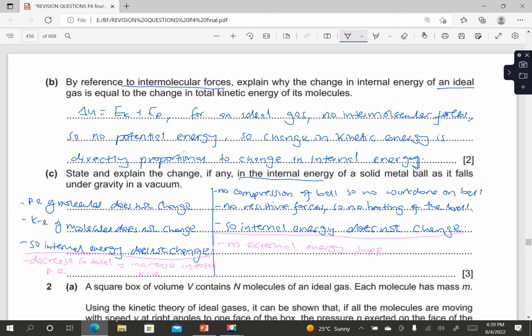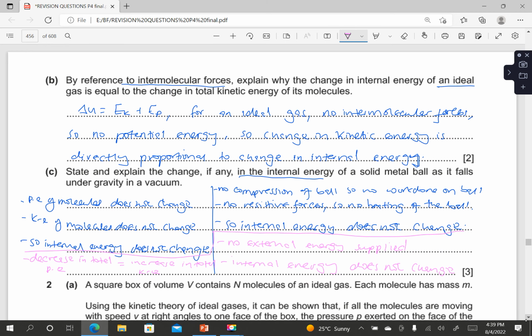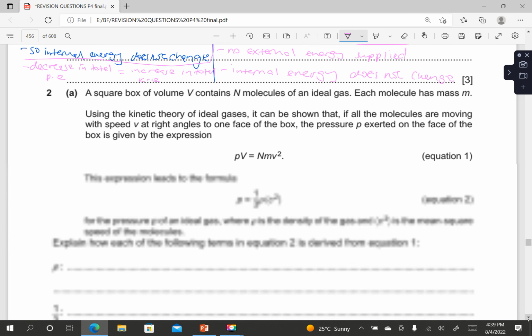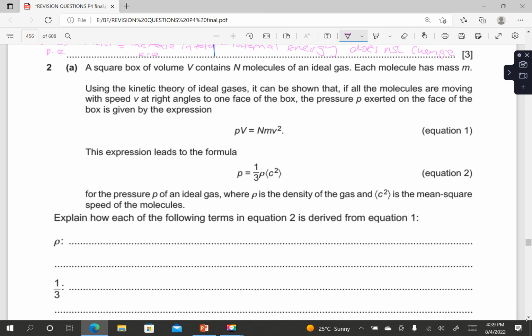And if there is no external energy supplied, yet the decrease in total potential energy is equal to the increase in total kinetic energy, then the internal energy is not changed. Okay, so those are the three alternatives somebody would choose from to explain that question.